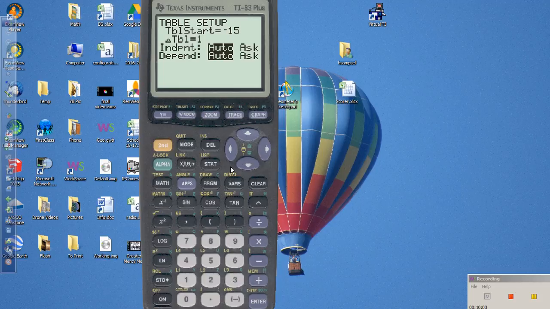Table start, we're going to say we want to start it at 0. And what are the markings going around on the circle graph I've given you? What are the units for the angles?